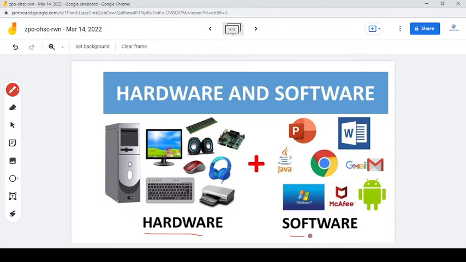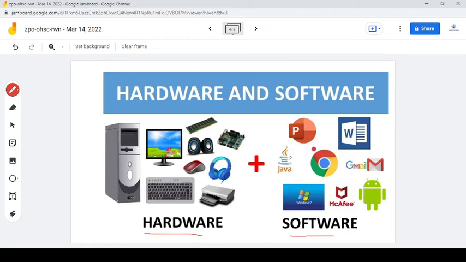Now coming to software. Software is nothing but programs. A program is nothing but a set of instructions. These instructions give out some output. For example, this red symbol here is the PowerPoint presentation program, one of the Microsoft Office programs.